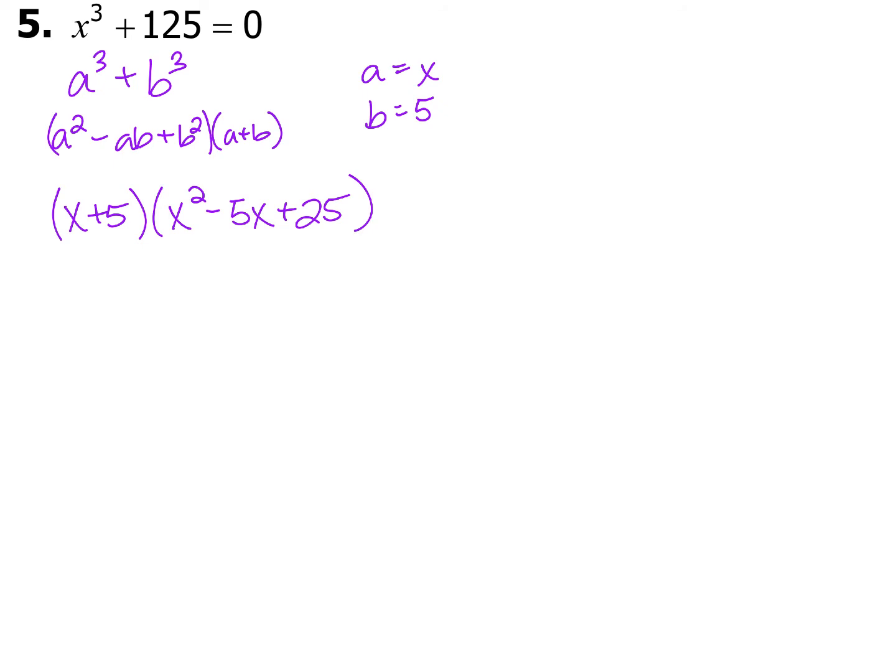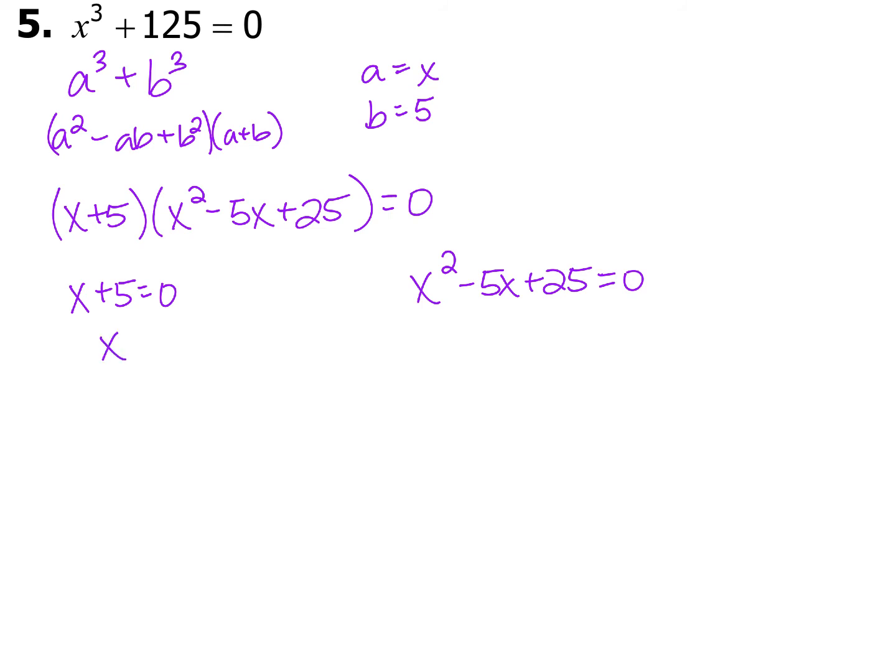Now I'm going to set both of these equal to 0. So x plus 5 is equal to 0. And then x squared minus 5x plus 25 is also equal to 0. I can tell you right now that for my second factor, we're going to have to use the quadratic formula, or you can use completing the square, whichever one that you choose to use.